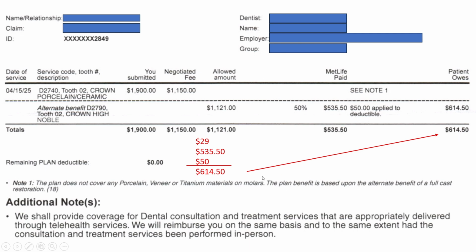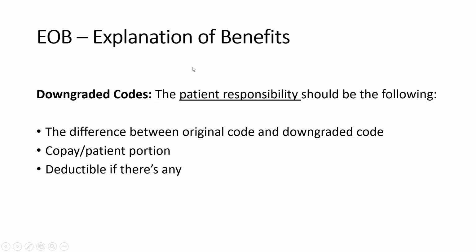All right, so basically that's how we interpret the explanation of payments from the insurance. If you don't know how to interpret that, then you will have a hard time entering the payment to Open Dental.